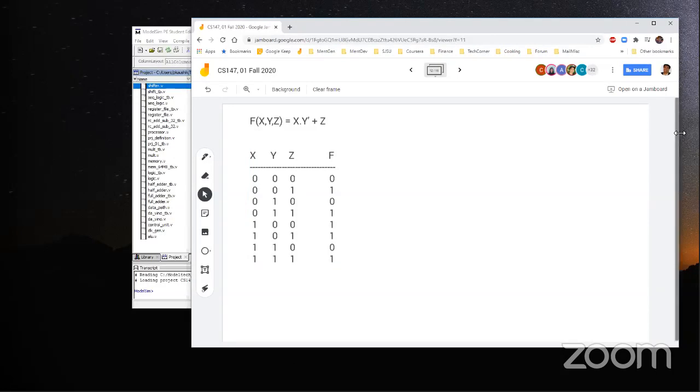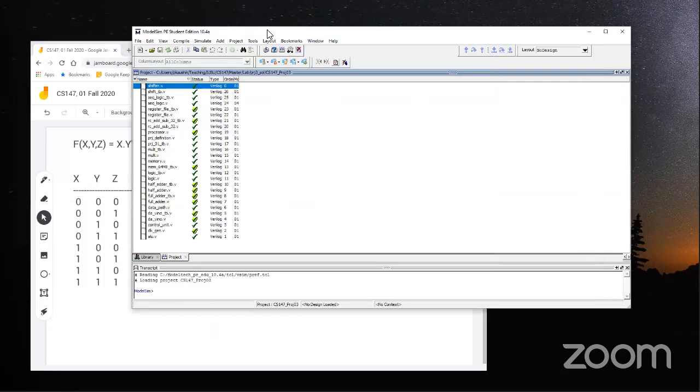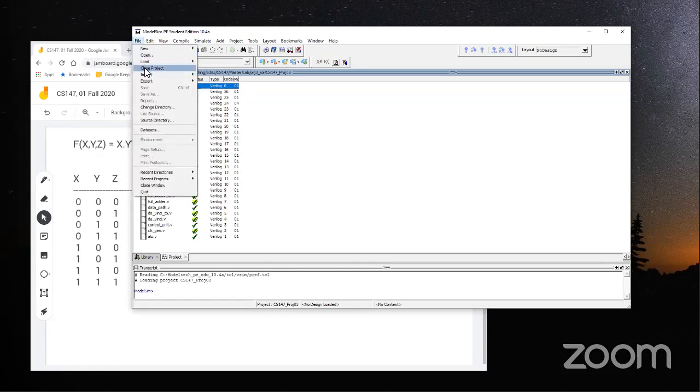And we're trying to implement that in Verilog. So what we'll do, we will start with a new project.